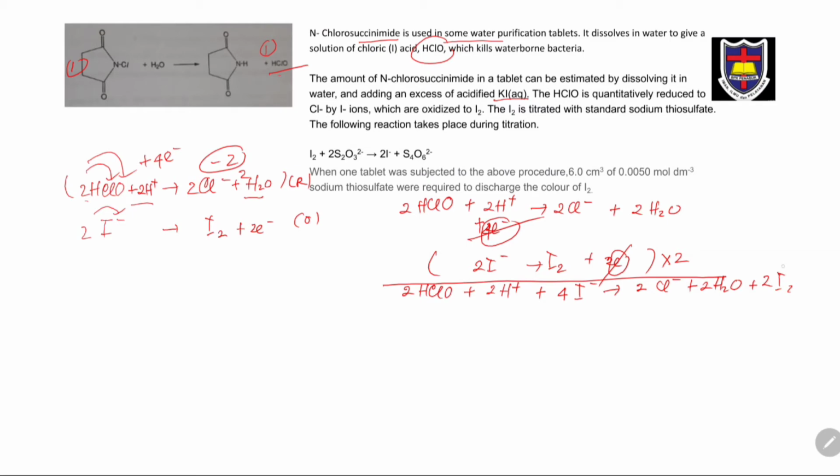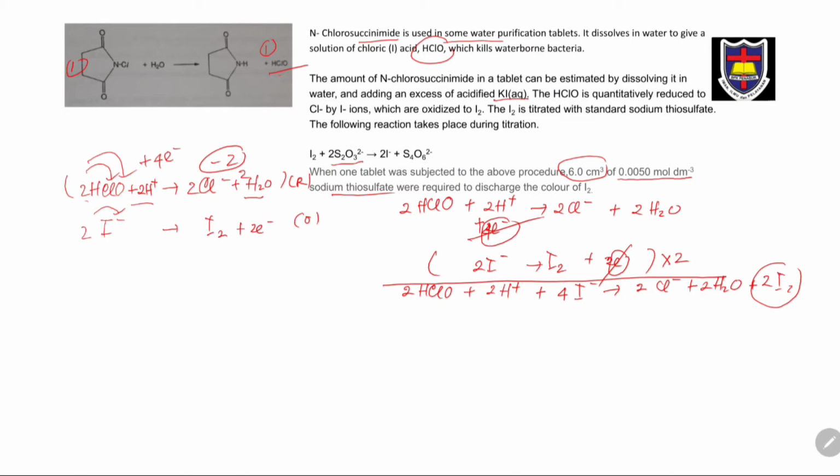The number of I2 we find out from the reaction with sodium thiosulfate. The sodium thiosulfate is 6 cm cube and the concentration is 0.005.